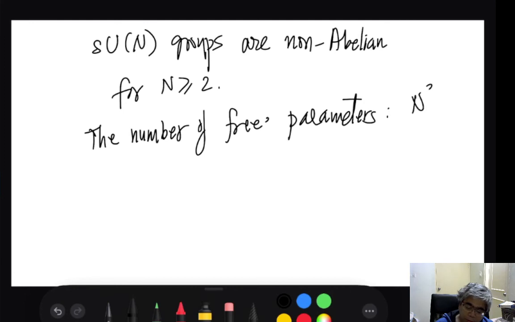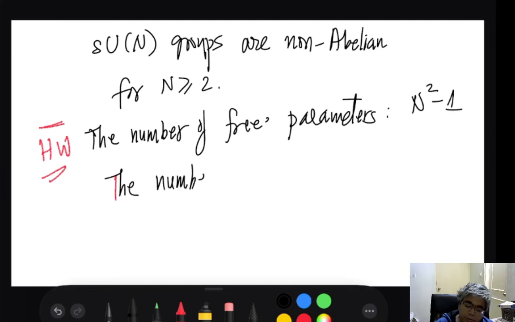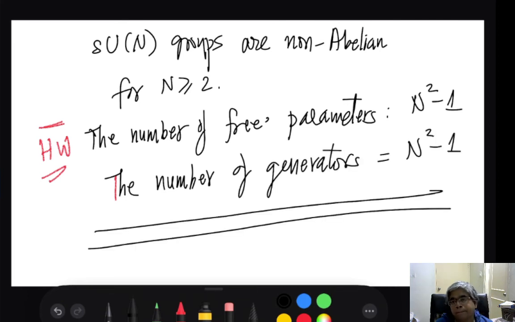You can use this as a homework problem. The number of free parameters is equal to the number of generators, so the number of generators is also equal to N squared minus 1. This is an important point.